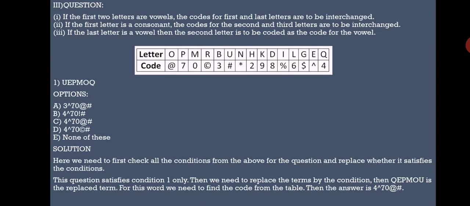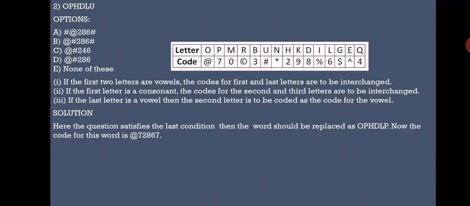Here we need to interchange the first and last term. So Q comes first and U goes last. So the replacement term will be Q, E, P, M, O, U. For this word, we need to write the code from the table for each letter. So the answer will be option C.